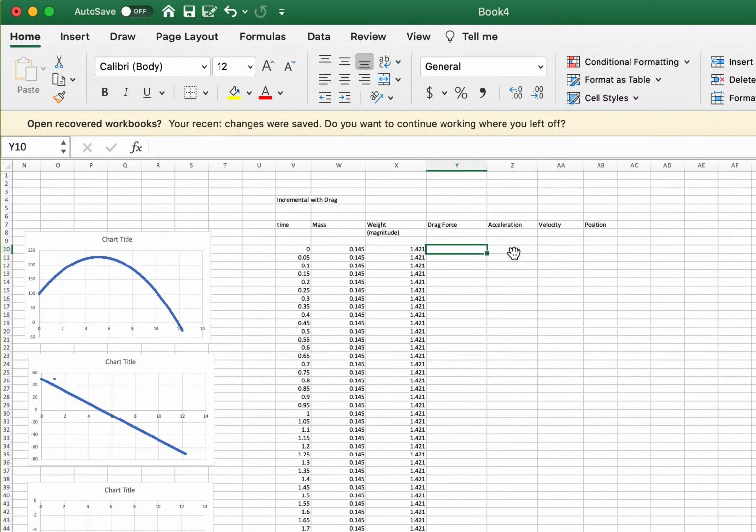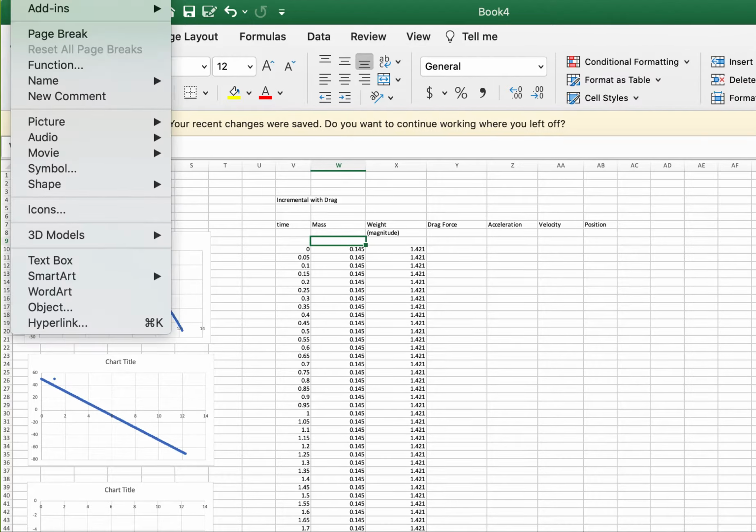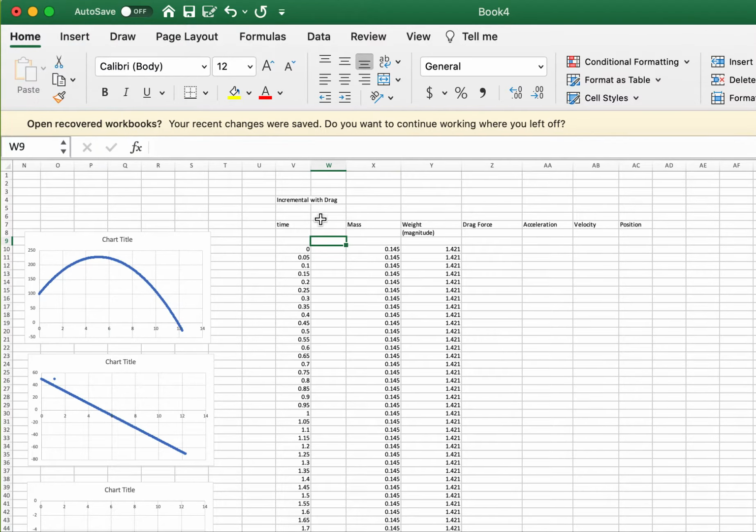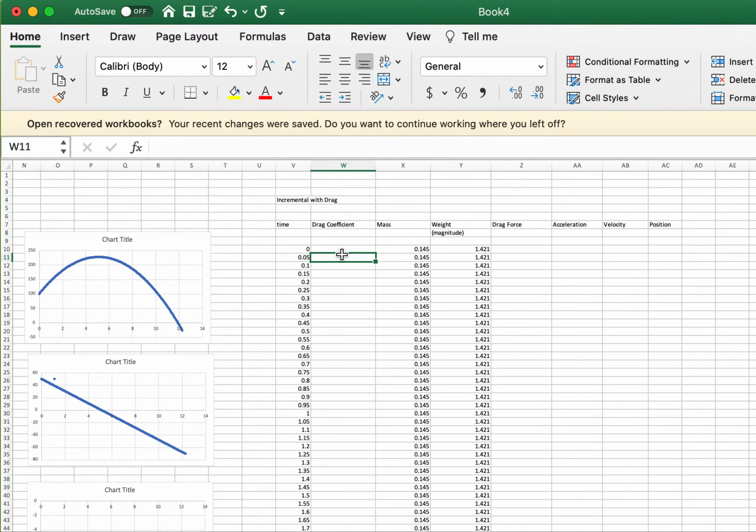Alright, now for our drag force, we may want to make a column for the drag coefficient. If you want, you could put the drag coefficient somewhere else if you don't want a whole column. It doesn't matter.